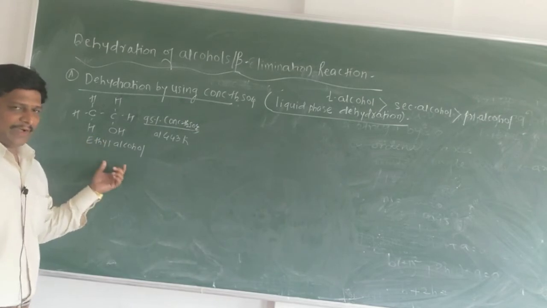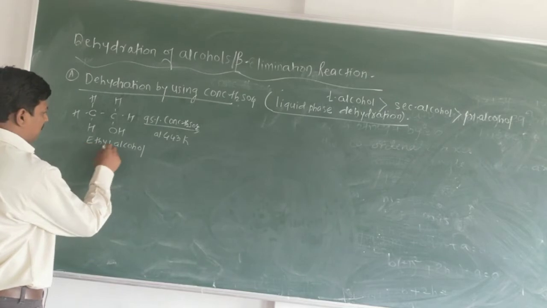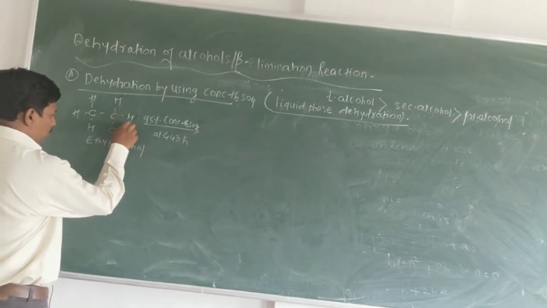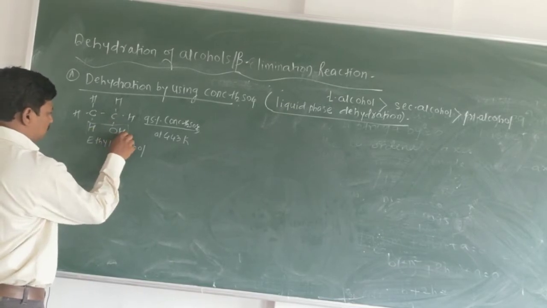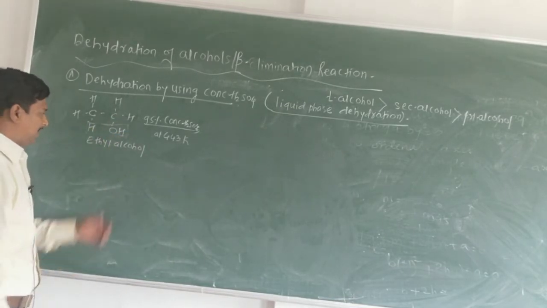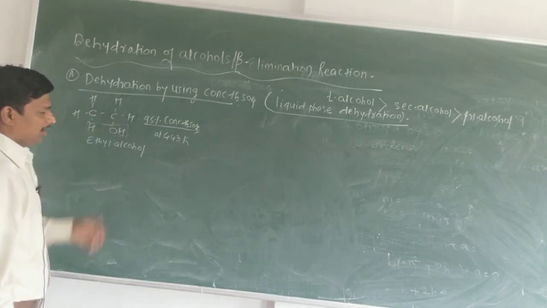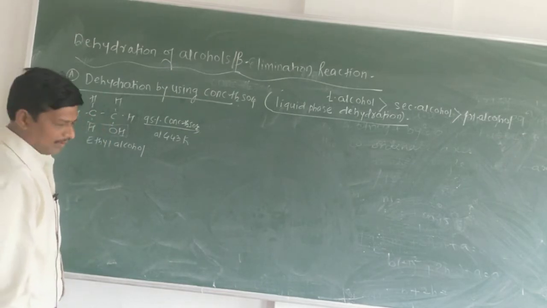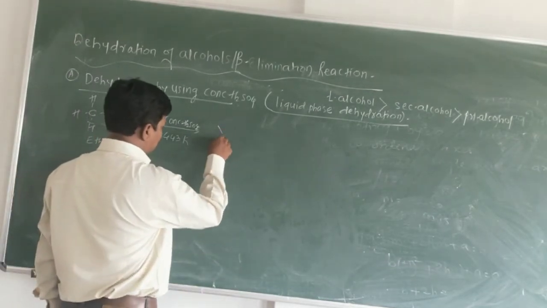the dehydration of the alcohol takes place. The OH group is attached to a carbon atom, and the adjacent carbon atom loses a hydrogen atom to form a water molecule, and the remaining part is the alkene.